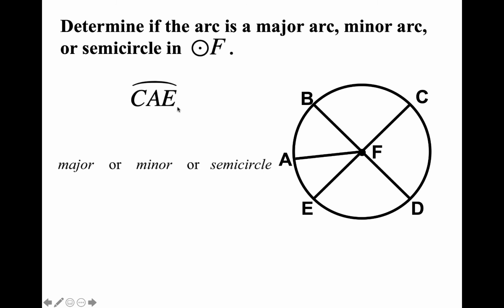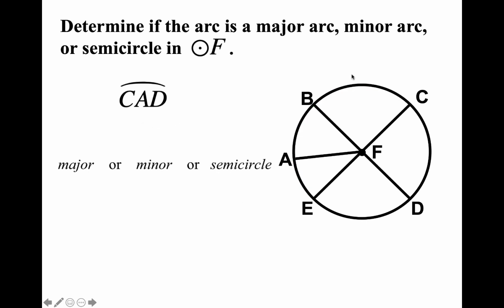Now we have three letters. You start at C, you go towards A, stopping at E. Notice that's exactly half a circle. Since we know that F is the center, this would be a diameter. So that is a semicircle.